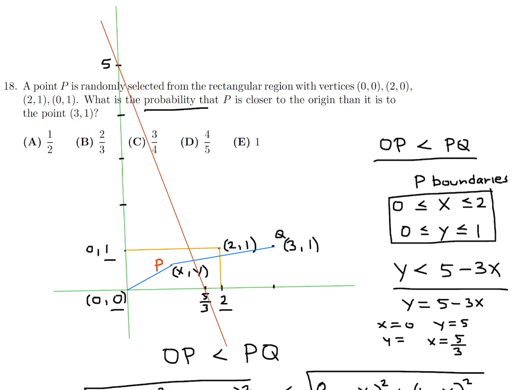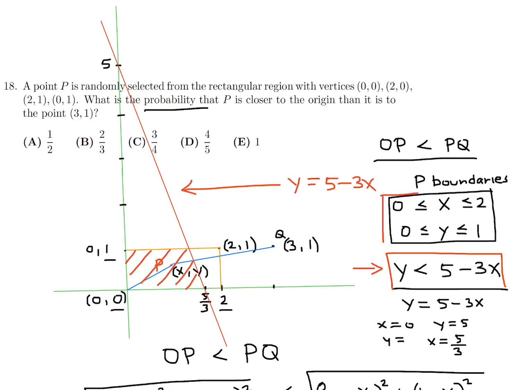So that red line basically represents y is equal to 5 minus 3x. And now this is when our inequality, or equality, whatever you want to call it, comes in. Y is less than that. So it is this region right here, less than that. Okay? That is the region that this is defined by.